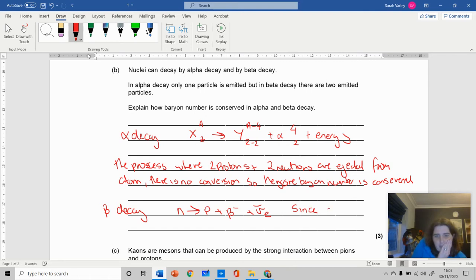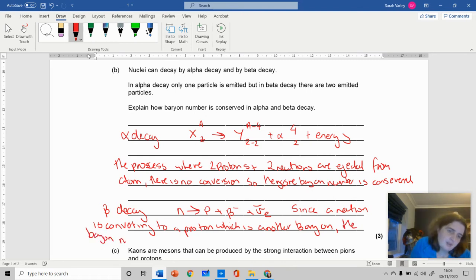Since a neutron is converting to a proton, which is another baryon, the baryon number is conserved. The beta minus and the anti-electron neutrino are leptons.